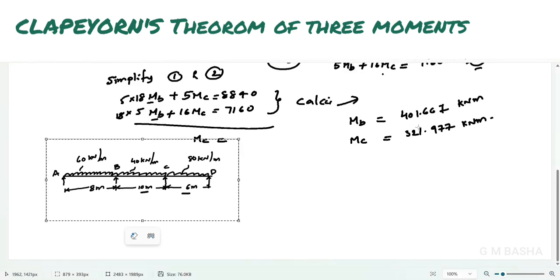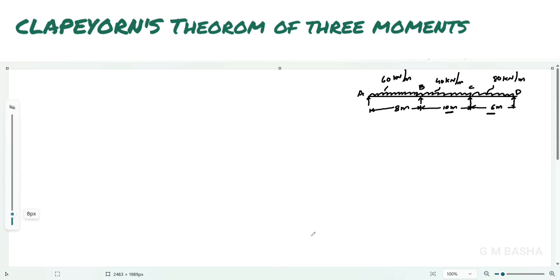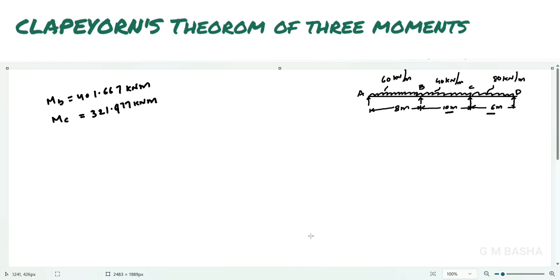So MB will be 401.667, MC will be 321.977. You please remember these values, otherwise take down here. So we will go for that one directly. MB will be equal to 401.667 kilonewton meter. MC will be equal to 321.977 kilonewton meter.